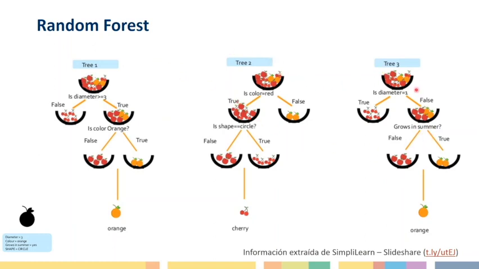So the idea of random forest is to do it with many more trees. This is just for illustrating, I'm sorry. And remember that the construction of each one of the trees is done based on observations that are chosen randomly with resampling. So this can be done several times in this subset.